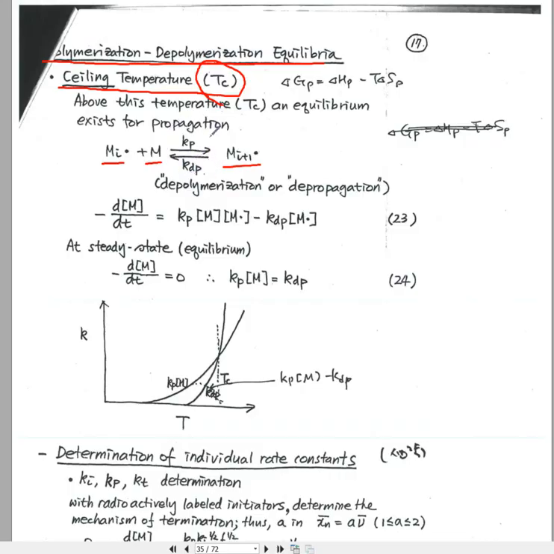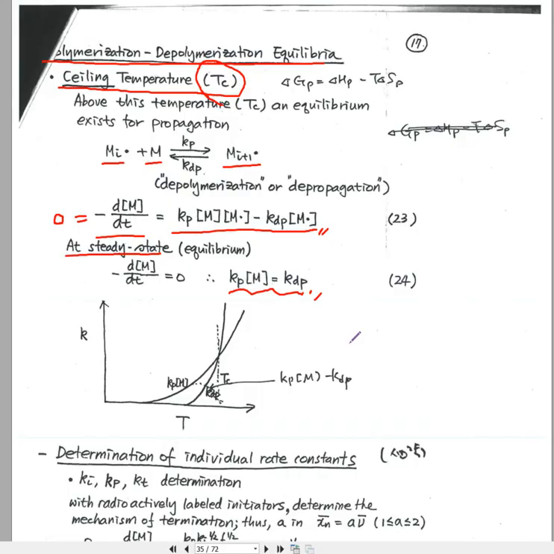And when you consider this reversible reaction, and if you write the reaction rate, then you can just write it in this way, right? For the reaction and the reverse reaction. Okay. And if you consider a steady state condition, then this one should be 0. Then you can get this relation.